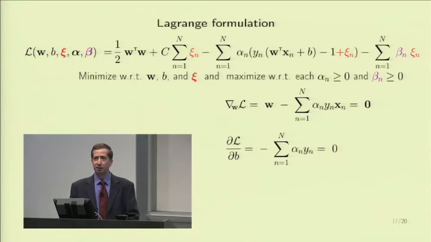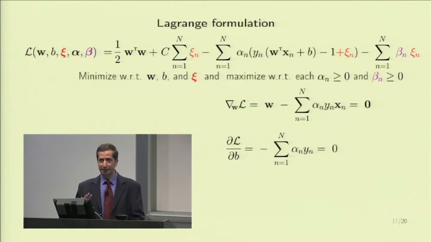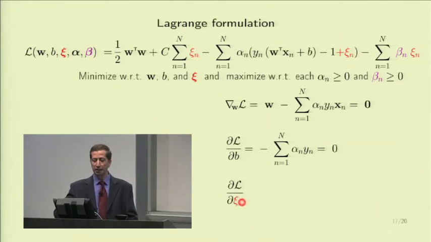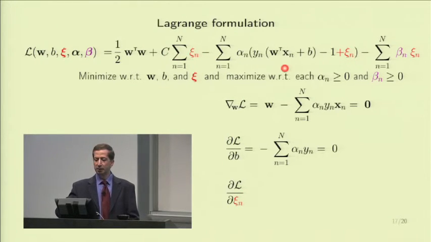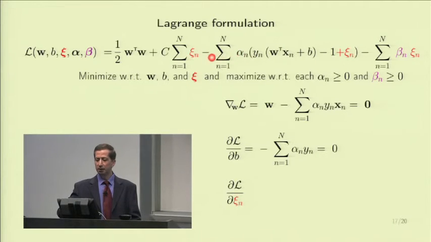So the final one is to get the partial by partial psi. That's the new one. Let's see what happens. I'll do it one at a time, so there are capital N of those. I didn't put it as a gradient just to make it simple. And I see that psi n gets multiplied by C. Psi n gets multiplied by alpha with a negative sign.